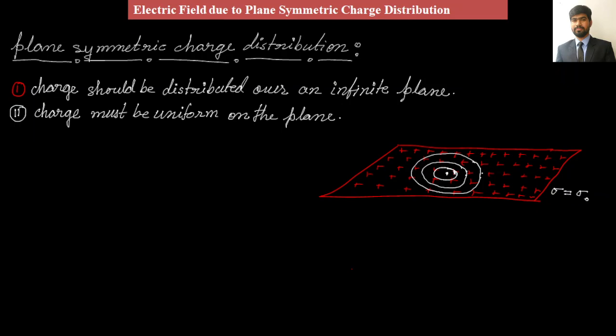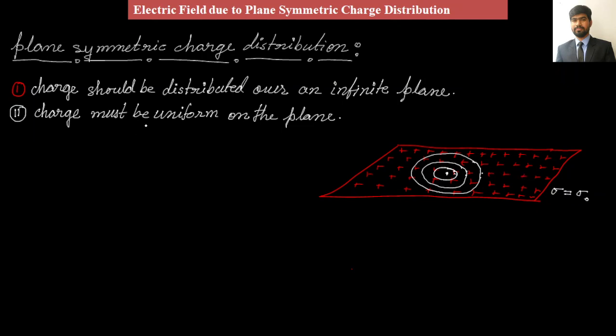If it is non-uniform, then at different points on the circle the charge density will be different, so this charge distribution will not have any plane symmetry. This charge distribution will have plane symmetry only when there is uniform charge density, and if this charge is distributed over an infinite plane.